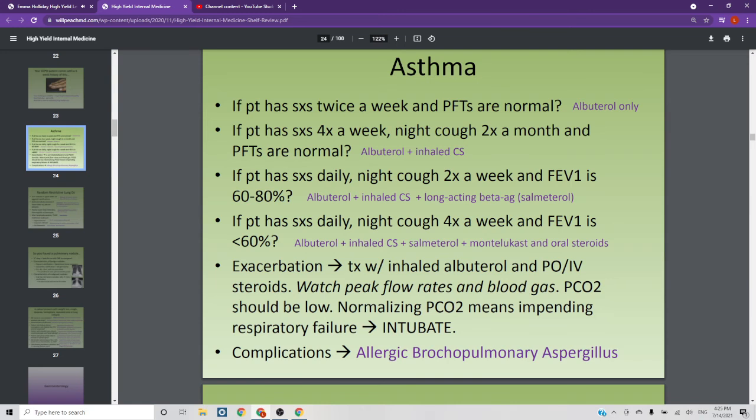So remember during an exacerbation, if they give you a vignette where the patient is in the ER, well, first of all, what would you expect their PCO2 to be if they're in the middle of an asthma attack? High or low? You expect it to be low, right? They're wheezing, they can't breathe, they're tachypneic, they're going to be blowing off a lot of CO2. So their PCO2 should be low.